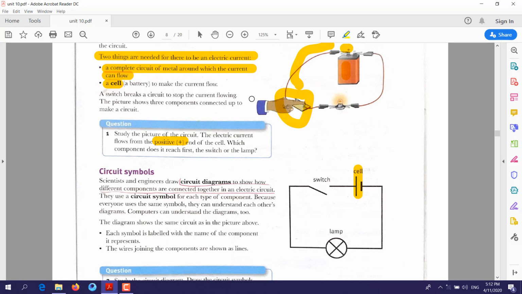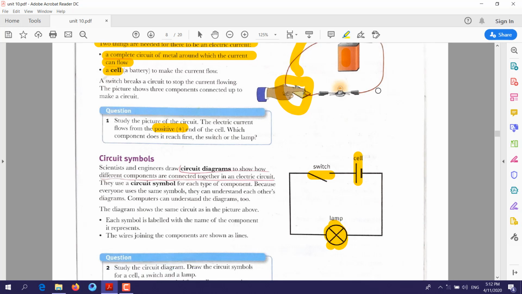Instead of drawing a switch, we can use this symbol. Instead of drawing a lamp, we can use this symbol. Instead of wires, we can use these lines. Scientists and engineers draw circuit diagrams to show how different components are connected together in an electric circuit. They use circuit symbols.